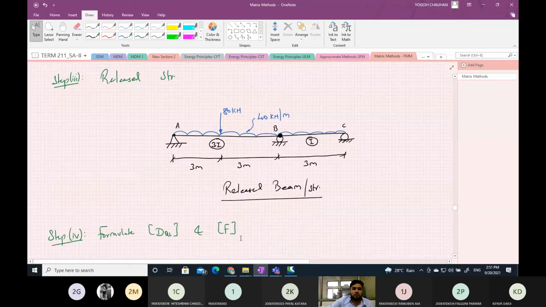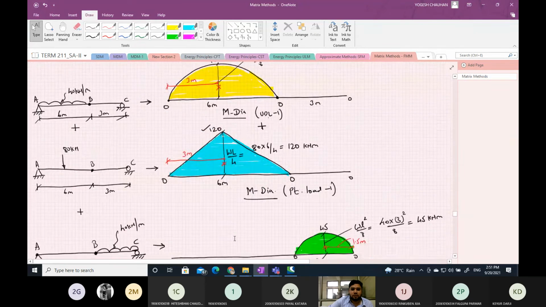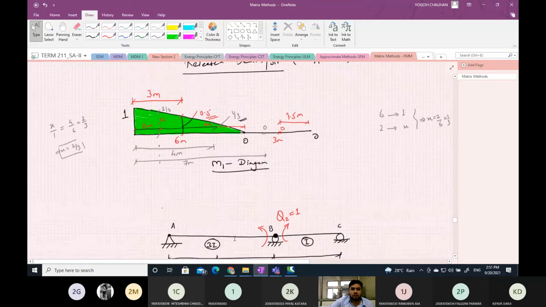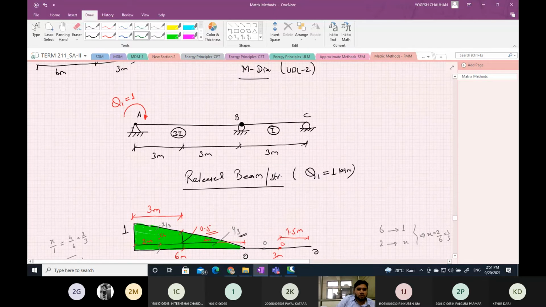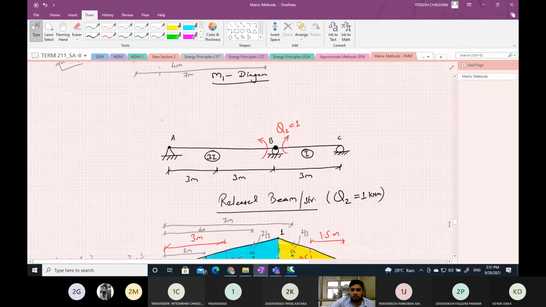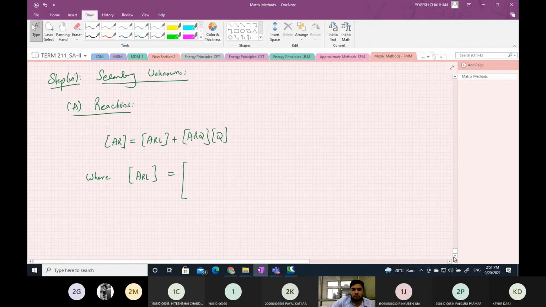Similarly, for the unit load diagram, we will have this ARQ matrix. This is ARL1, ARL2, ARL3.